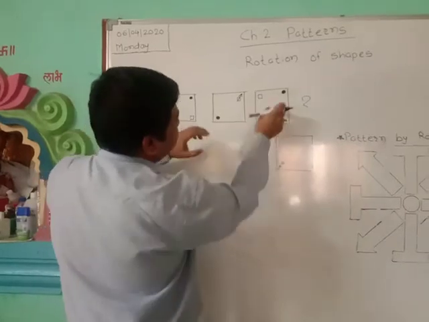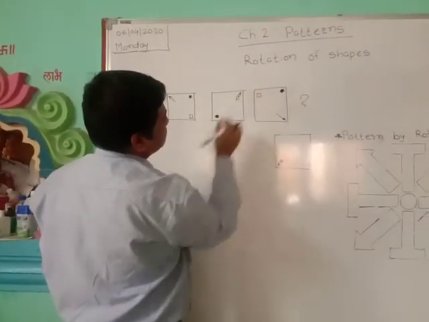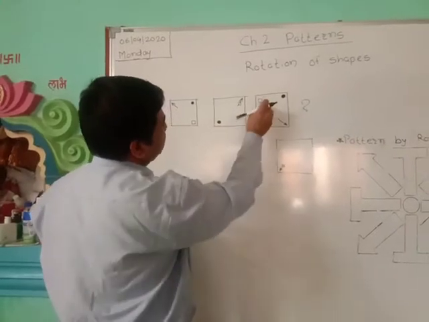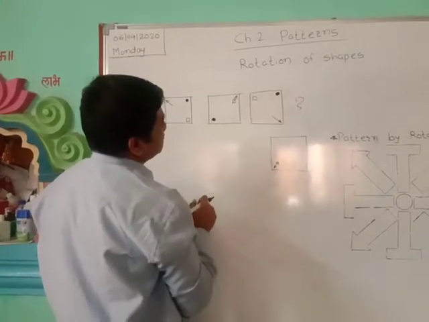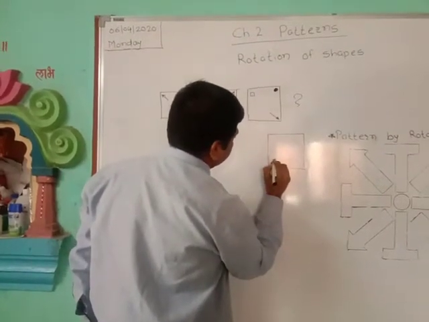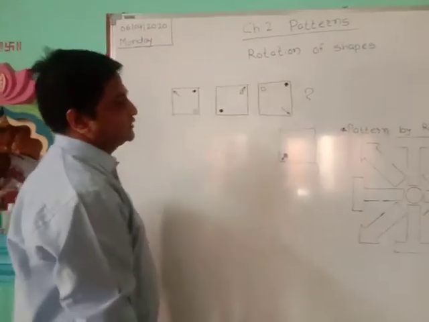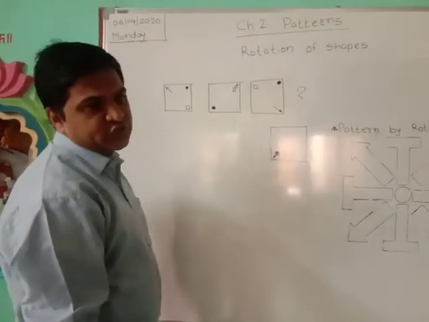After turning through 90 degrees again, the square will be in the left corner. Even after turning through 90 degrees in the anti-clockwise direction, the square will be at this corner. So this will be the possible next position of all the shapes.